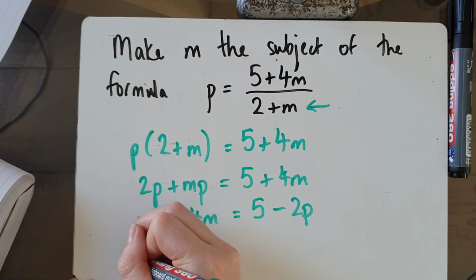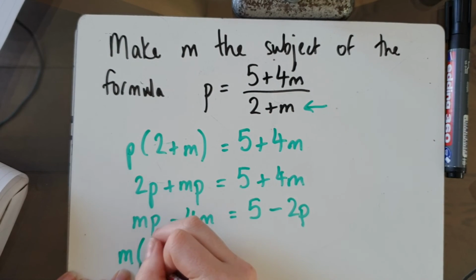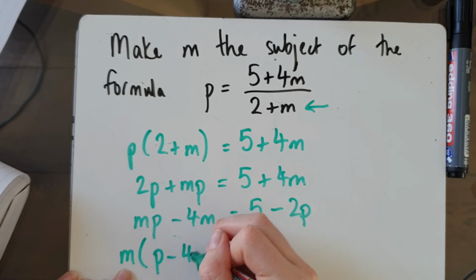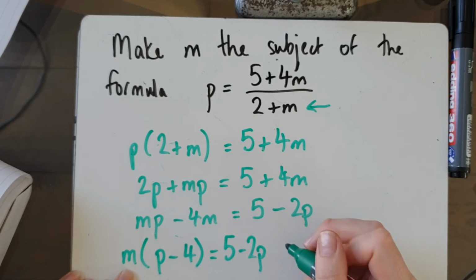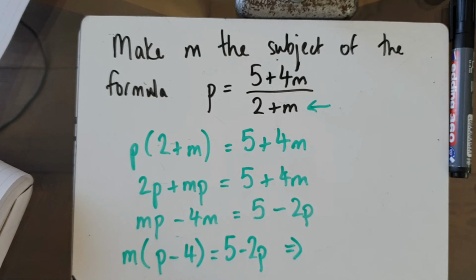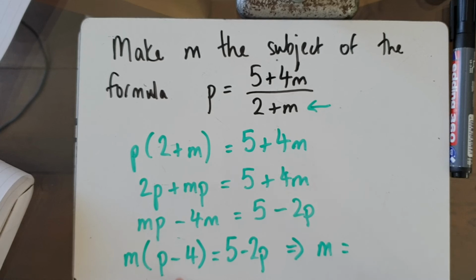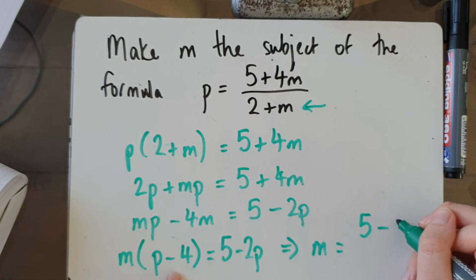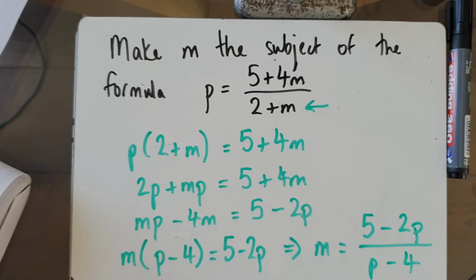That will give me, factorising M out because I want to make M the subject, M into P minus 4 equals 5 minus 2P, which gives us a final answer of M equals, divide by this bracket, so 5 minus 2P over P minus 4.